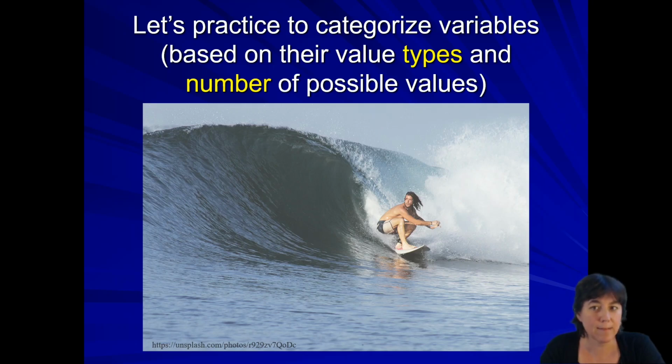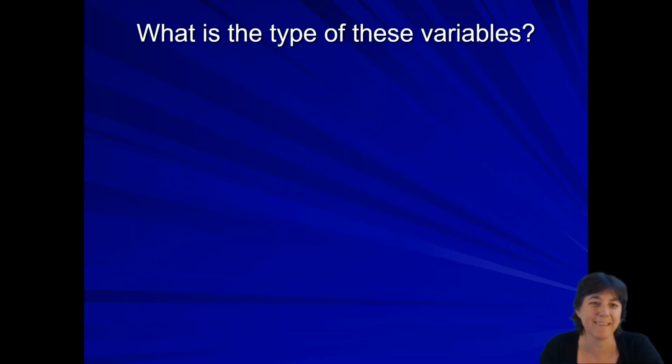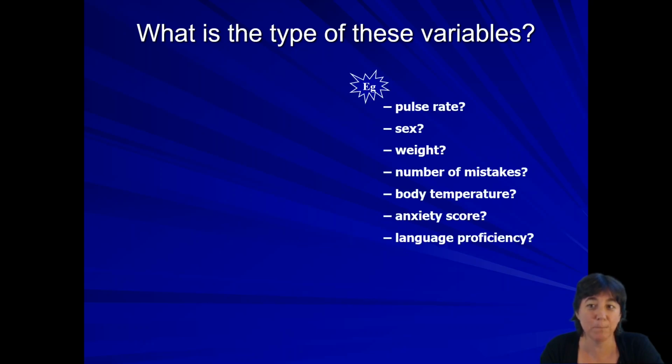Okay, let's have our last practice for this first very short topic. Let's categorize our variables based on the value types and number. So let's see the examples: pulse rate, sex, weight, number of mistakes, body temperature, anxiety score, language proficiency.